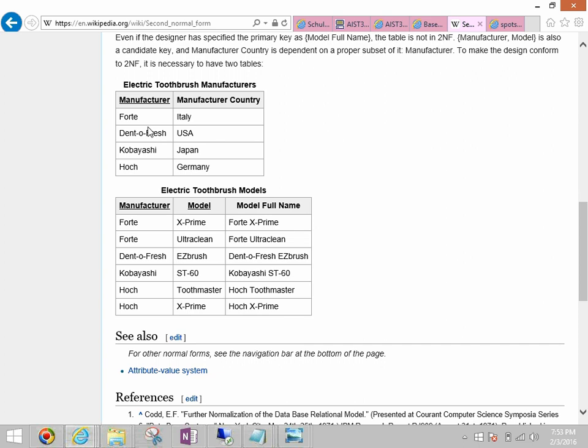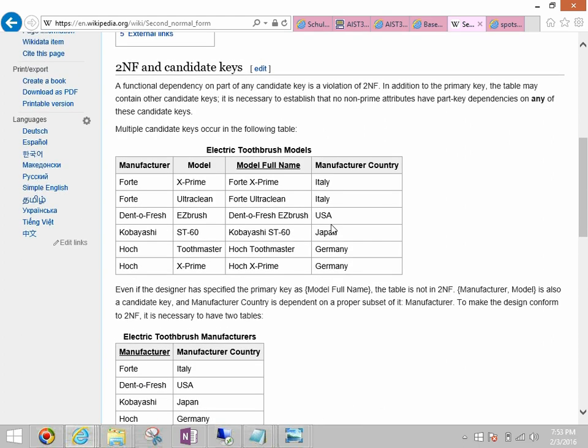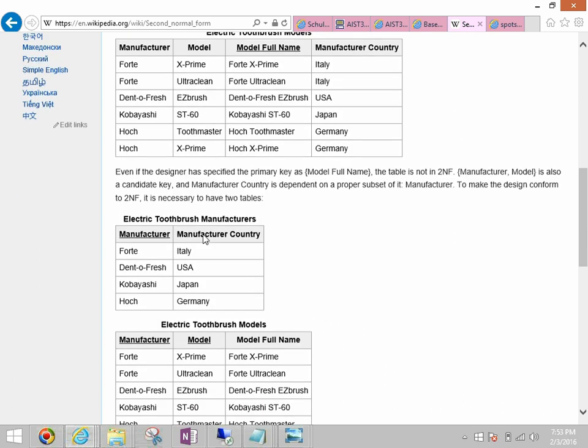So where a manufacturer is goes into one table, and everything about the model and who the manufacturer is goes in another table. So we had what's called a lack of a functional dependency. This didn't depend on everything here. It depended on the manufacturer, but it didn't depend on the model, right? So since this doesn't depend on the model, it gets its own table.